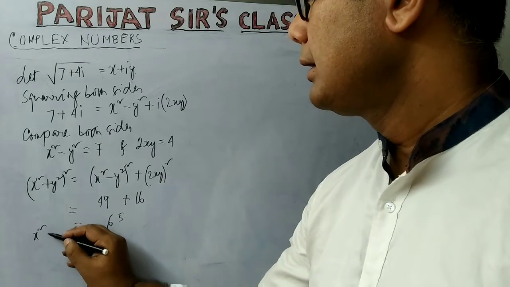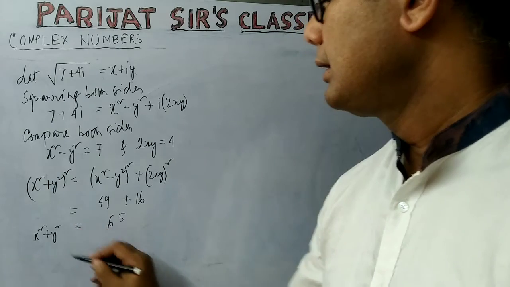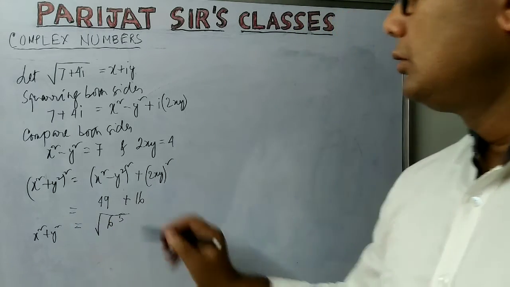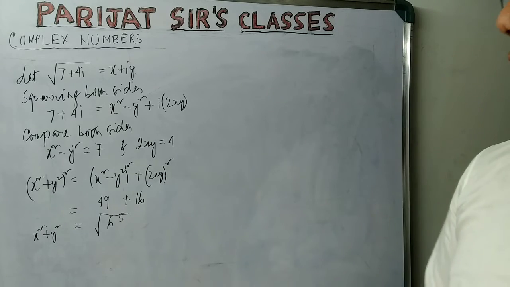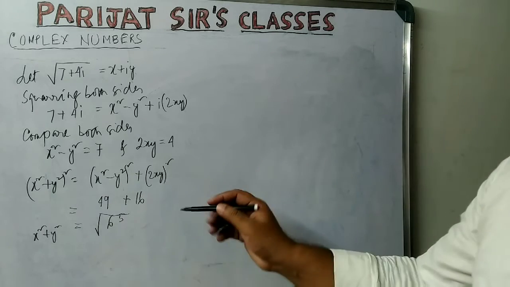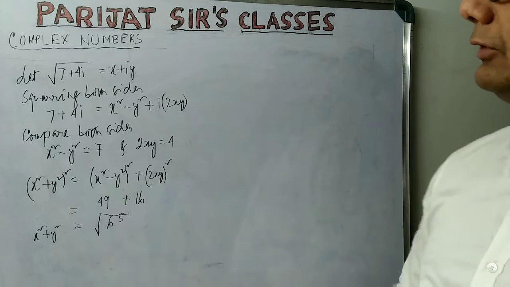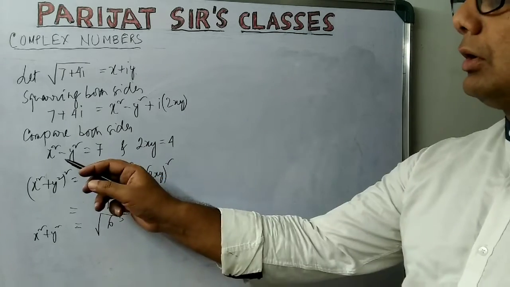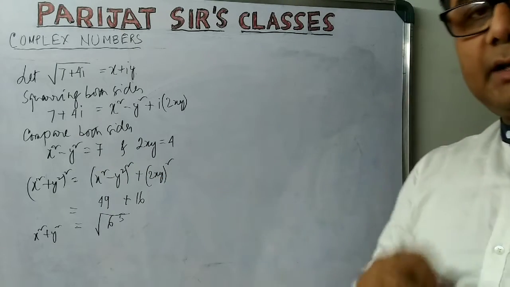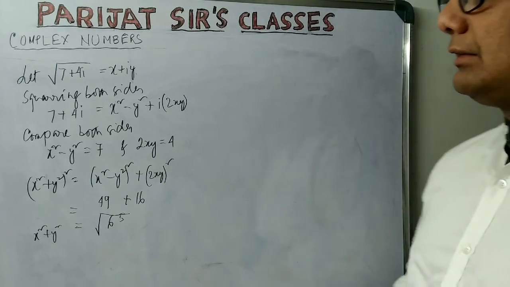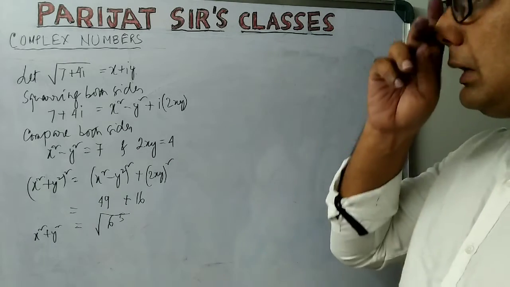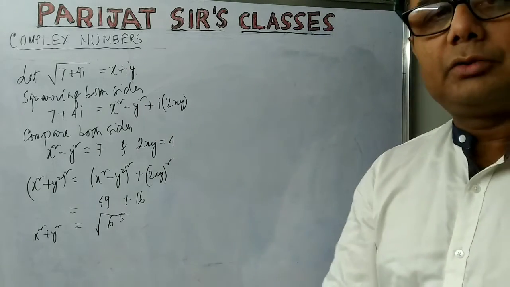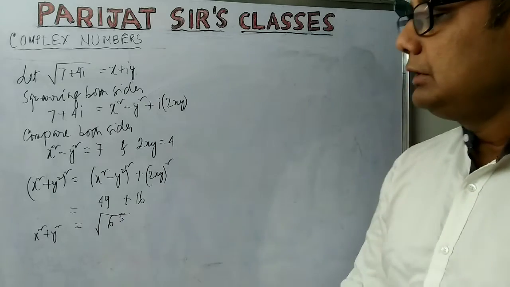So x square plus y square will come out to be root over 65. Here we are seeing that x square plus y square is root 65, and we got x square minus y square is 7. So let us take it as an example. Now see, this number is coming a little bit weird. So we can do some adjustment here so that the number comes a little bit easier.